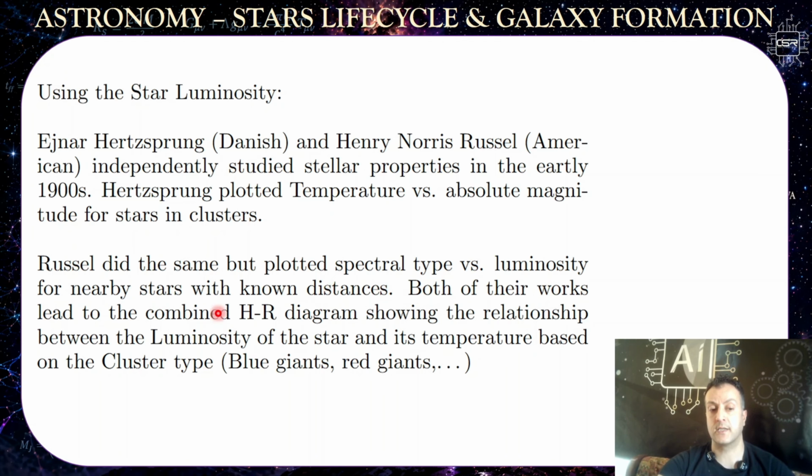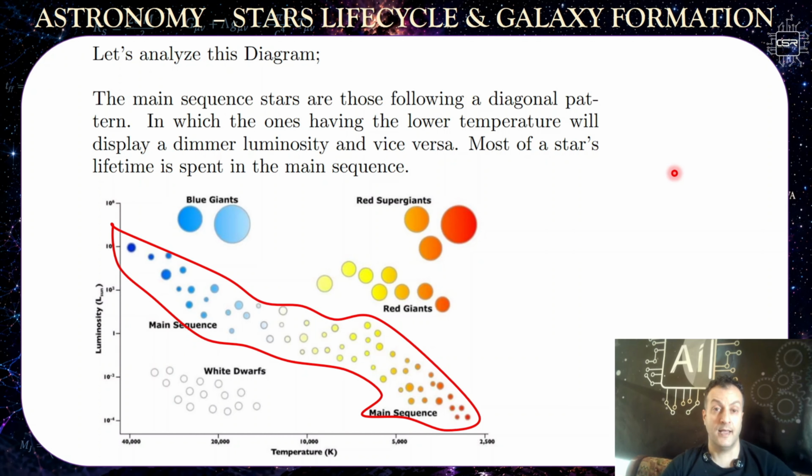Both of their works led to the combined HR diagram showing the relationship between the luminosity of a star, its temperature, and its cluster type. For example, you have the blue giants, the white dwarfs, the red giants, and the main sequence. Let's analyze this diagram.